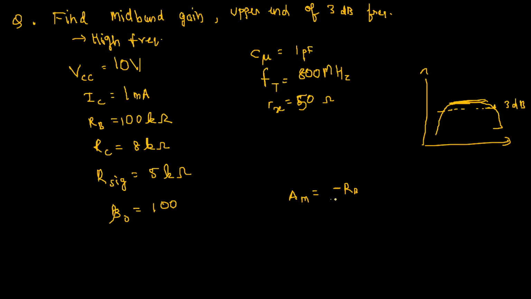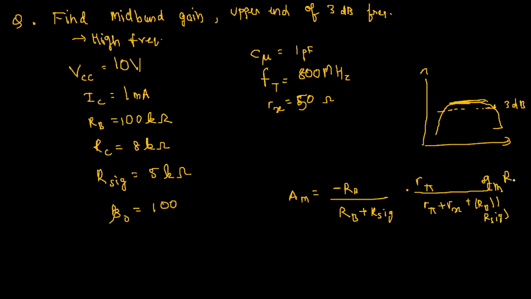minus RB divided by RB plus R signal, into R pi divided by R pi plus Rx plus RB parallel to R signal, and this is multiplied with GM RL dash, and we know that RL dash is equal to RO parallel to RC parallel to RL.